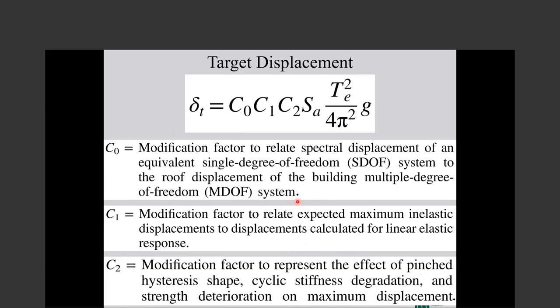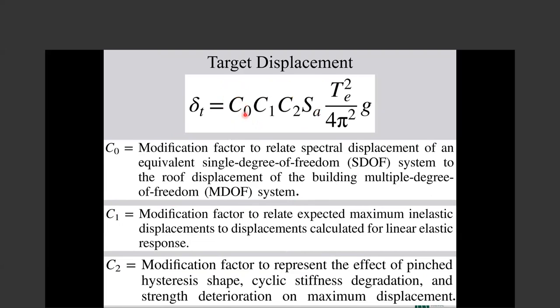Very long definition. So in short, when from the response spectrum, which is for a single degree of freedom system, we get the displacement, what will be the displacement at top of the building from a relation between that and the building?